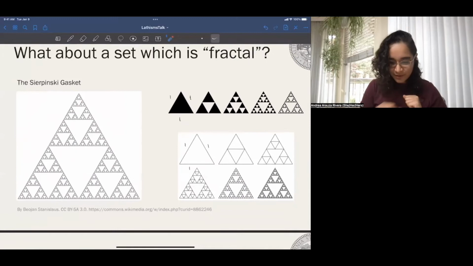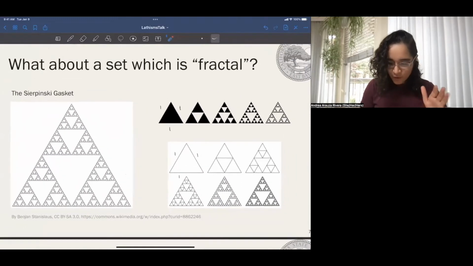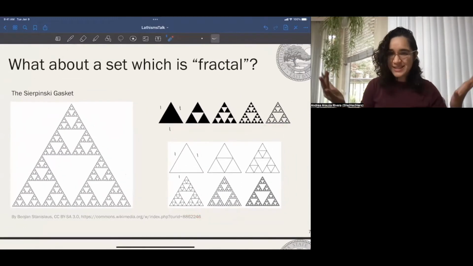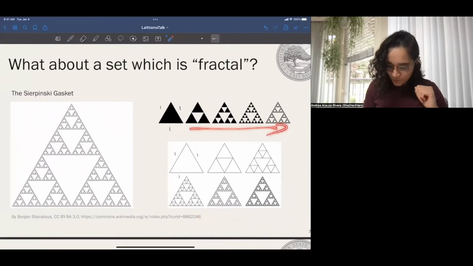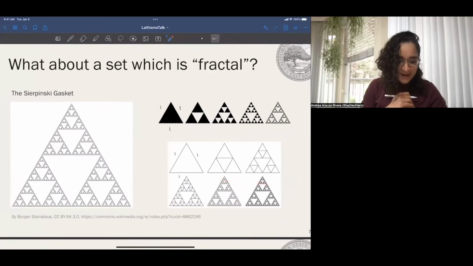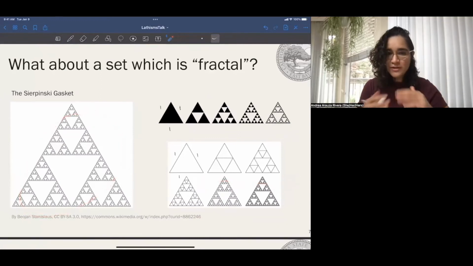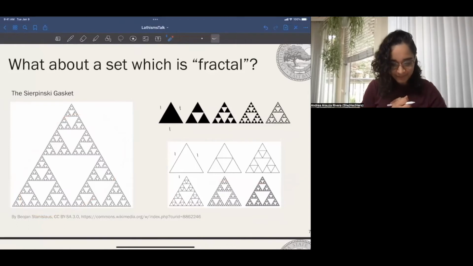There are some nice theorems from fractal geometry that say that when you iterate this process over and over, you get the same shape, the Sierpinski gasket. So these are two different ways of building this space.